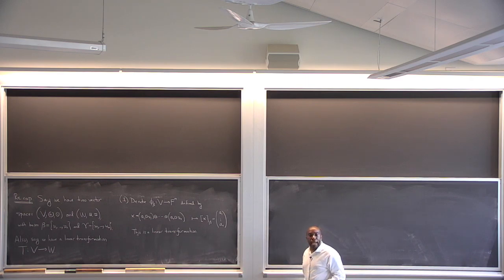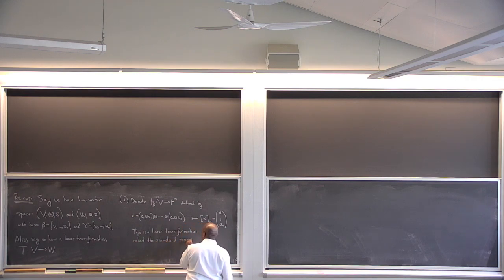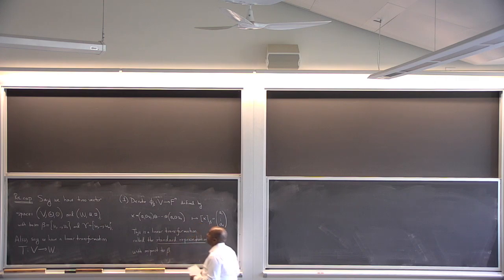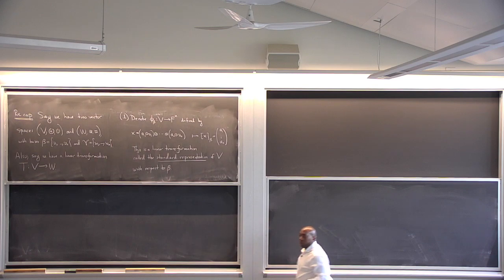This here is called the standard representation of V. Really, to be precise, the standard representation of V with respect to beta. So that was the first of our two statements.